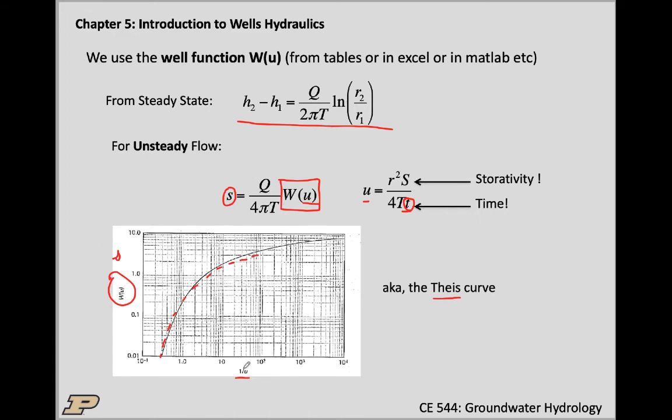So this is the drawdown. And here, this is transform time, right? So drawdown versus time, well function versus 1 over u. This is what we're looking at. So meaning if we actually look at drawdown in a well over time, we should expect it to look like this. That's the whole point of this curve, and I'll show you in a minute, okay? So drawdown versus time should look like the well function.